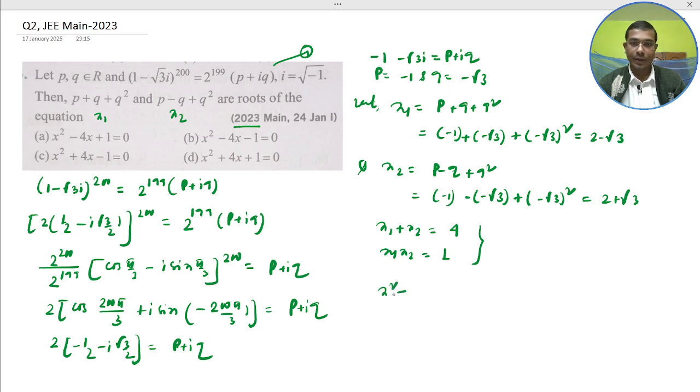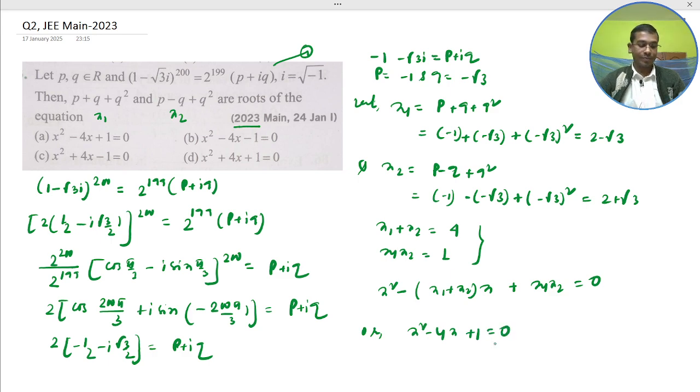So the equation would be x square minus summation of two roots into x plus multiplication of two roots equal to 0. So next, x square minus 4x plus 1 would be 0. This would be the answer. x square minus 4x plus 1 equals 0. A would be our answer.